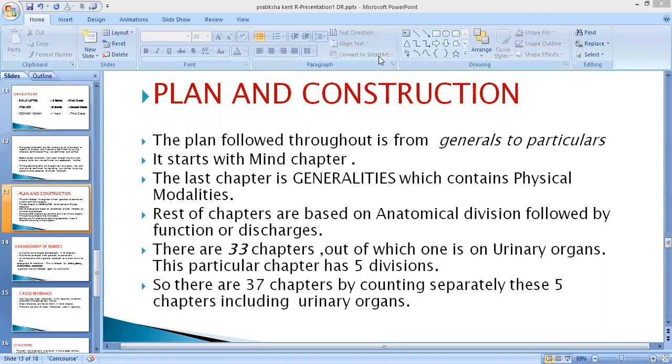For example, under the head section, different anatomical parts related to head are given, such as forehead, occiput, temple, vertex, brain and meninges. All these came under section head because they are the parts of head.